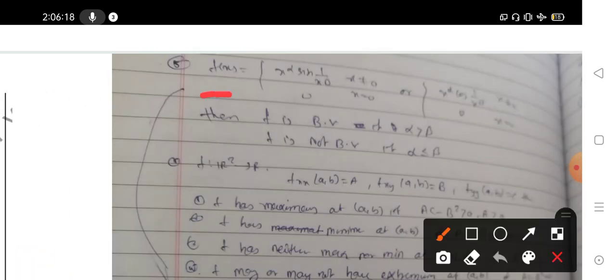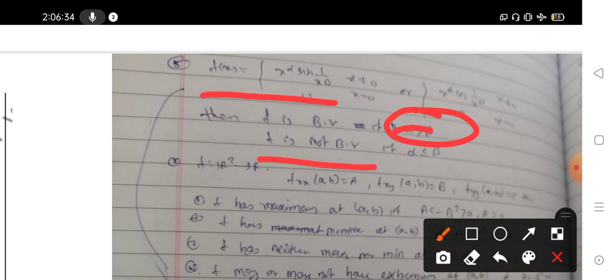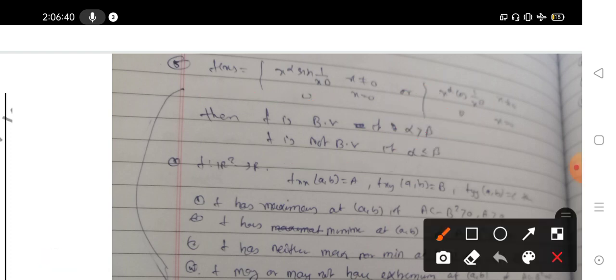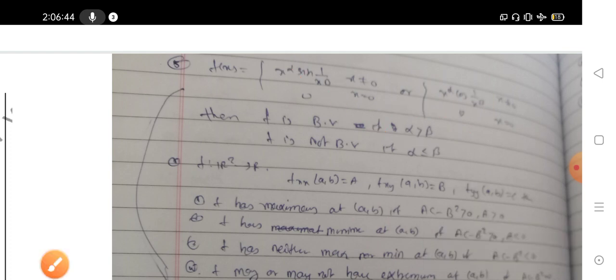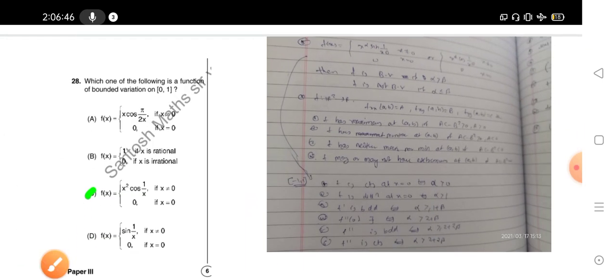If f of x is given as x raised to alpha sin 1 upon x raised to beta for x non-zero, and 0 if x is equal to 0, then f is of bounded variation if alpha is greater than beta, and f is not of bounded variation if alpha is less than or equal to beta. Here, if alpha is greater than beta, then bounded variation, otherwise not.